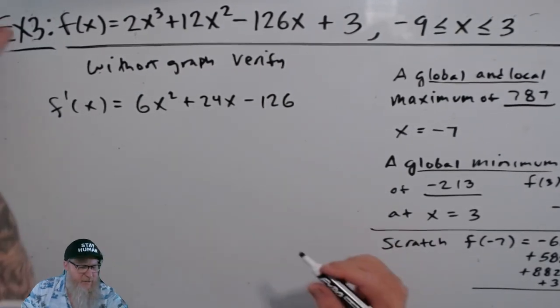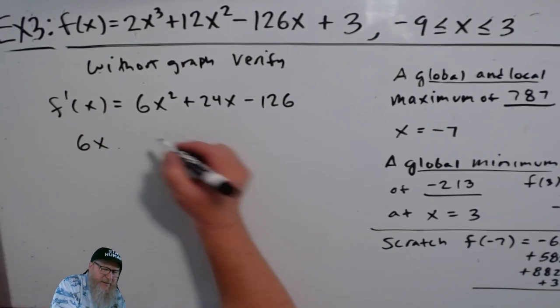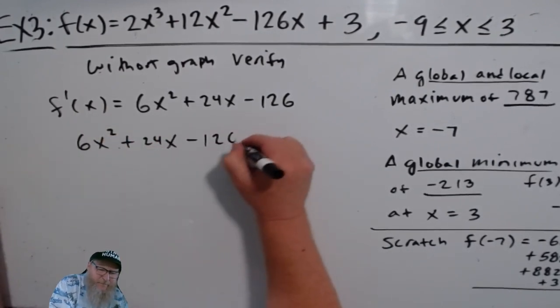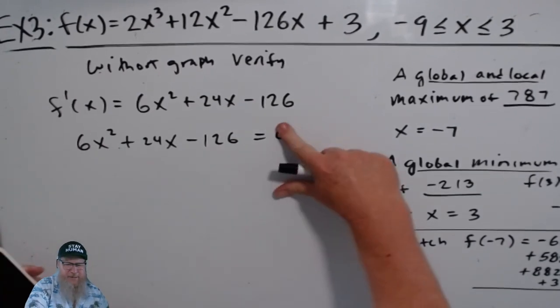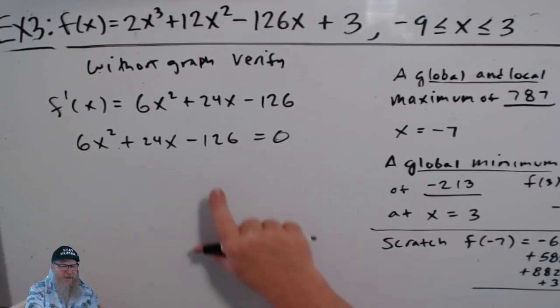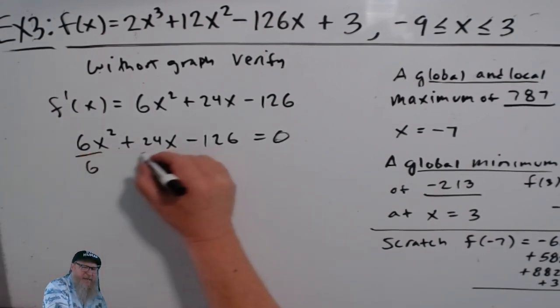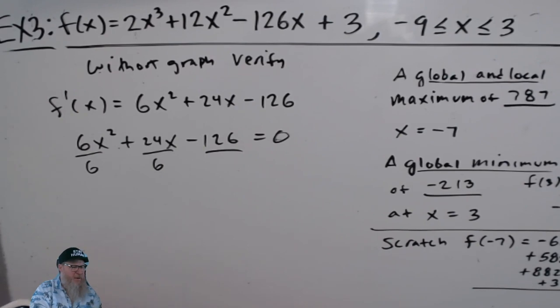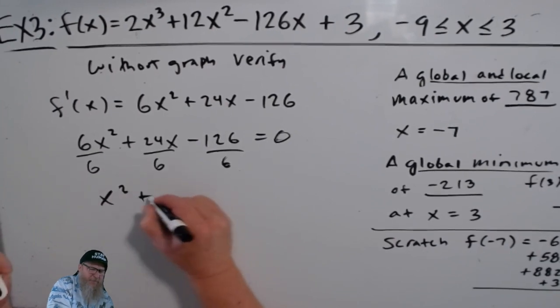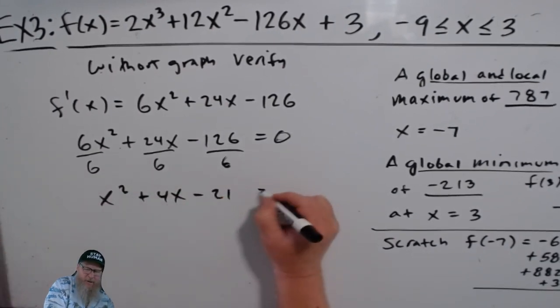I think those are all divisible by 6. So I'll set that equal to 0. Divide everybody by 6. Now, I'm not sure if 126 is divisible by 6, but we'll see. Yep, it is. So that'll become x squared plus 4x minus 21.